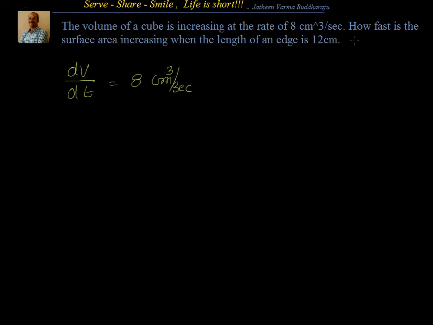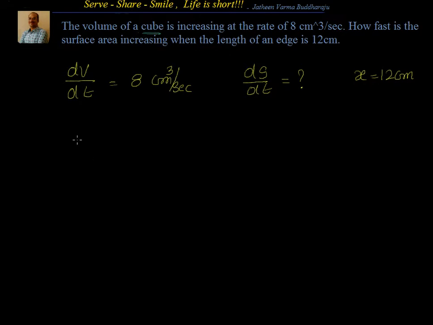What is asked? How fast is the surface area increasing? Let us say the surface area is S. Then we are asked for dS by dt when x equals 12 centimeter. So let's first find the formulas for the volume and surface area of the cube.